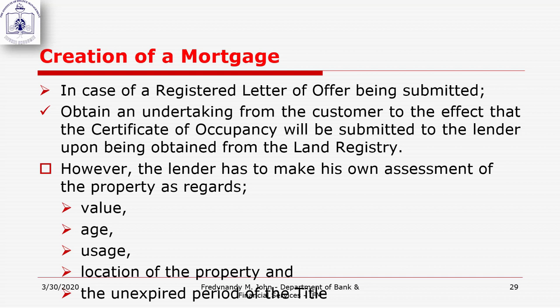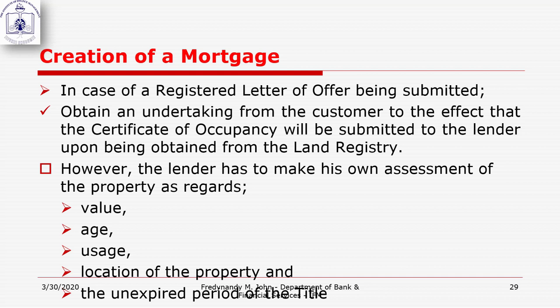Remember, I mentioned that the certificate of occupancy has a duration, can be 20 years, 30 years, 15, etc. Therefore, it's very, very important to ascertain the unexpired period of the title. For example, if the certificate of occupancy was issued back in 1984, to date we are talking almost 36 years. Now, if it was issued back in 1984 with a duration of 30 years, it means now it has elapsed.